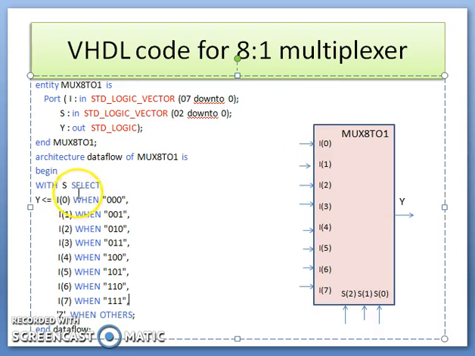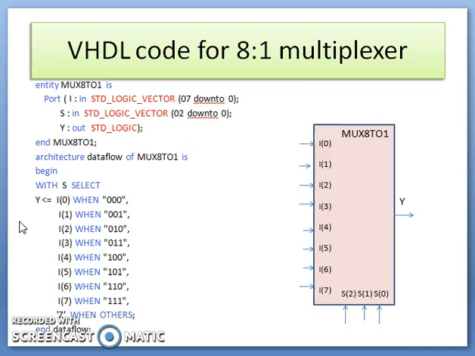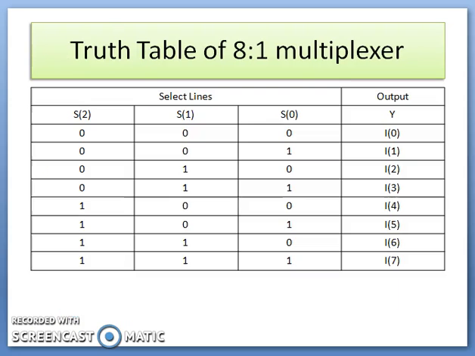So this is the architecture. After the begin, we write this behavior using the with select statement, so we need to follow the syntax of the with select statement. Along with that, we know the truth table of this 8:1 multiplexer.